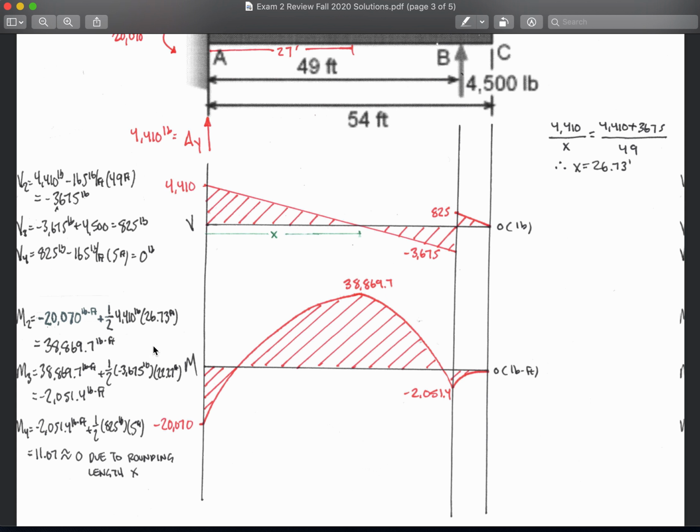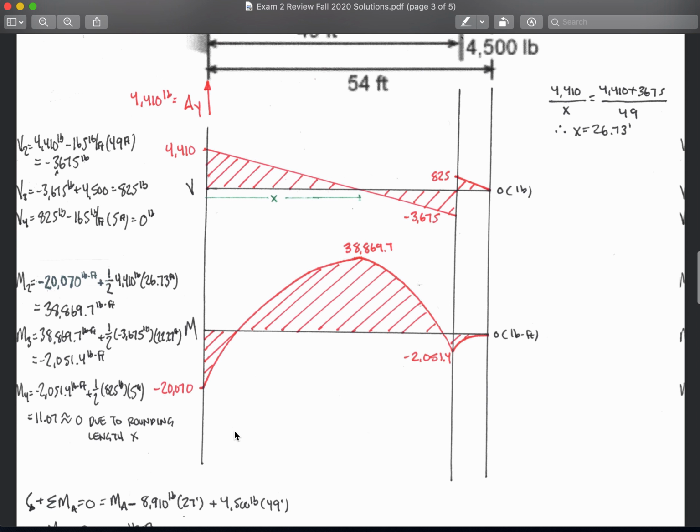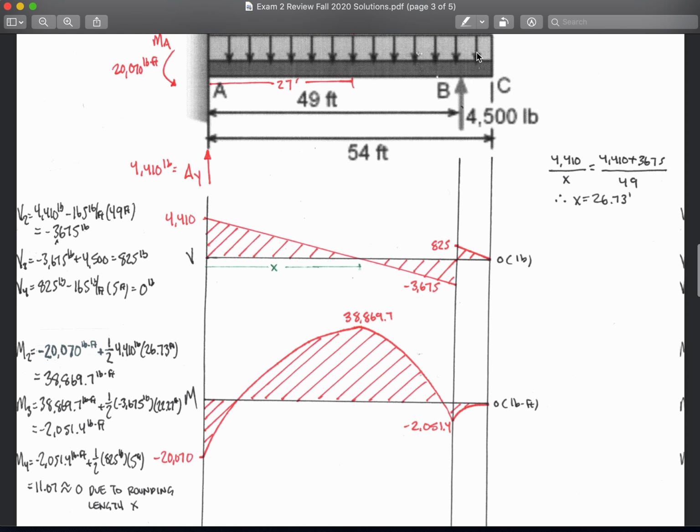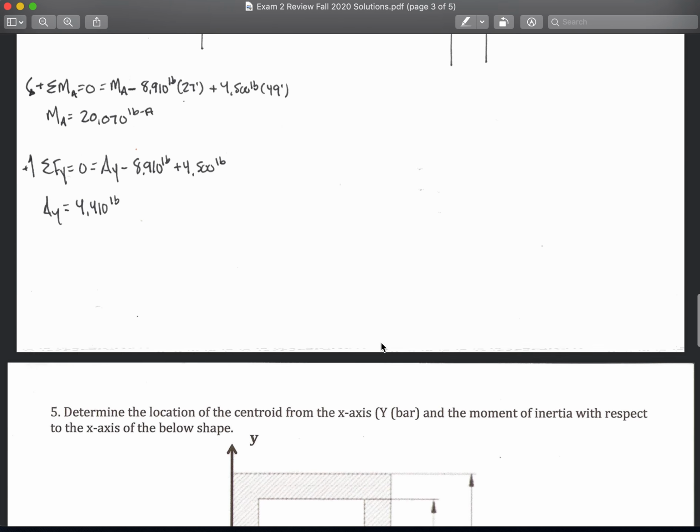Then from there, if you keep on working, it'll close out to be 0. So this is fine to basically close out to 0. Okay, then that's how we do that. Notice it's still distributed load, so we still have a concave opening downwards parabola down here, not a triangle, so always concave down still. Okay, that is it for this problem.